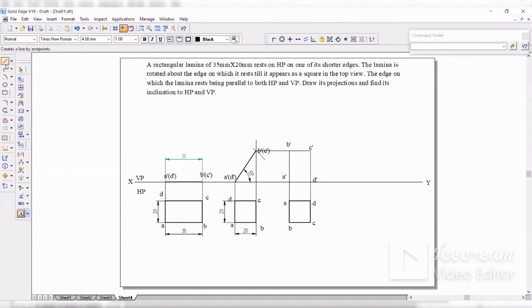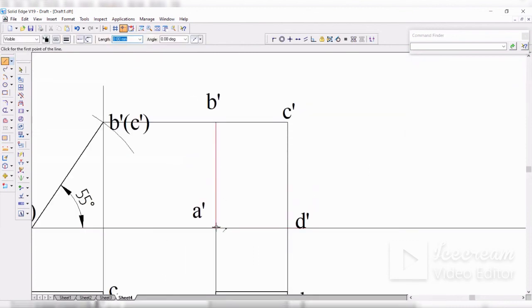So now I will take the visible line and join all the points. You can take zoom area if it's not comfortable for you. Take intersection points. Okay.